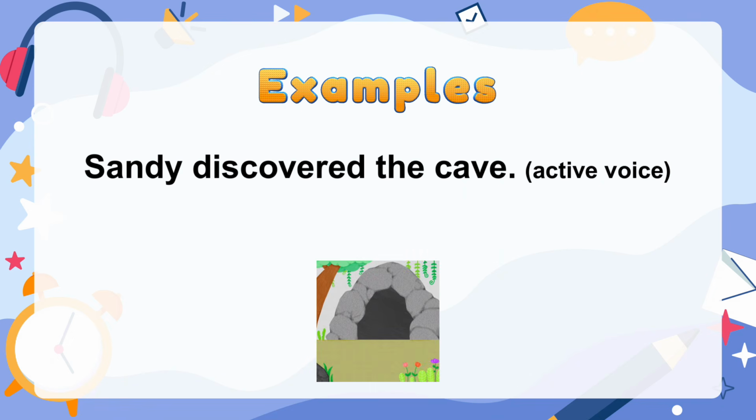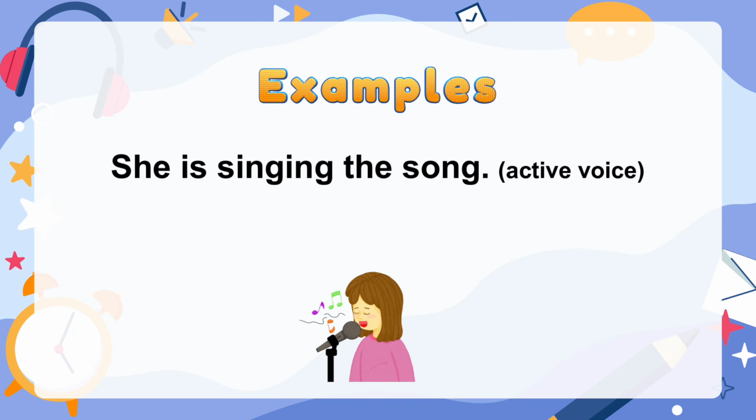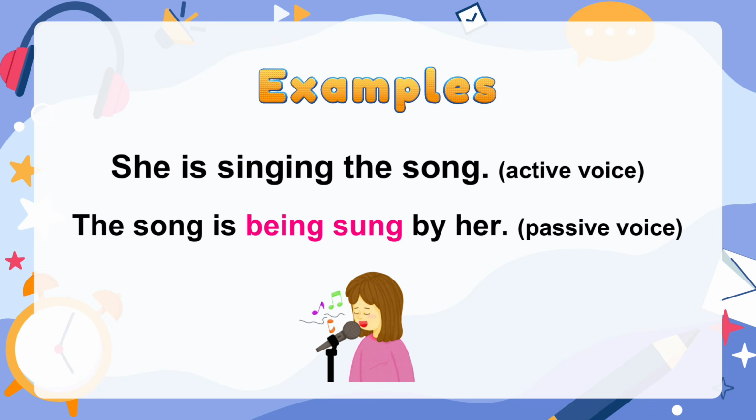Active voice. Sandy discovered the cave. Passive voice. The cave was discovered by Sandy. Active voice. She is singing the song. Passive voice. The song is being sung by her.